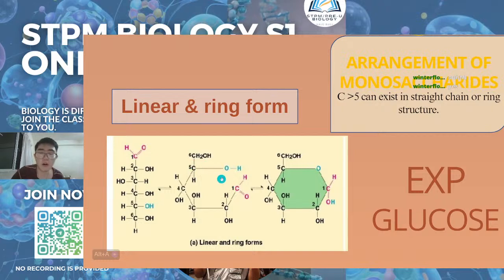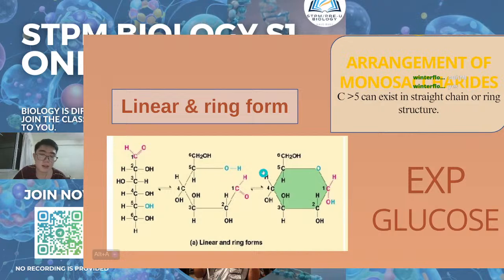Not only glucose, all of the hexose sugars, glucose, galactose, and also fructose, are the same: C number 1 and also C number 5. C number 1 will bond directly to the O of C number 5, and the H of C number 5 will go to the O of C number 1.